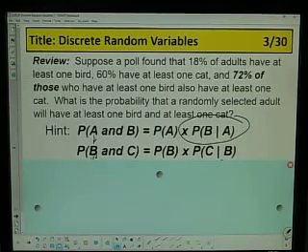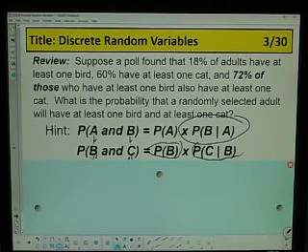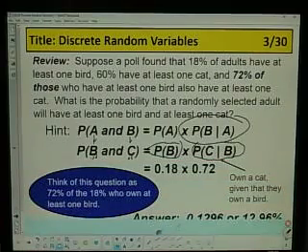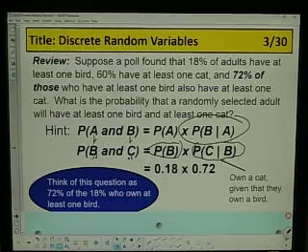And then the probability of a C, cat. So all my B's in the generic formula become C's. So you're looking at the probability of someone who has a bird multiplied by the probability of them having a cat, but given, see, right down here, it says given that they own a bird. That's what that line means.